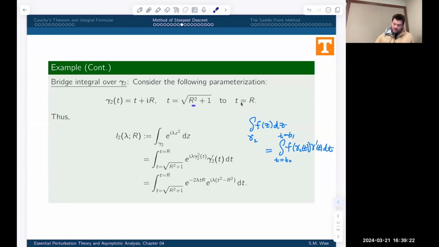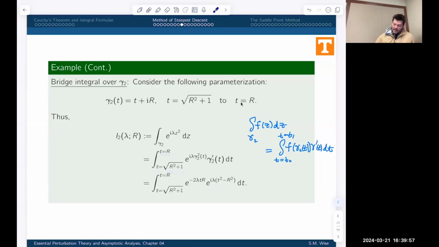All right, so let's sub that in. We need to know what gamma 2 prime is. That's just 1 times dt. So that part is just dt. And now we're integrating from t equals square root of R squared plus 1 to t equals R.